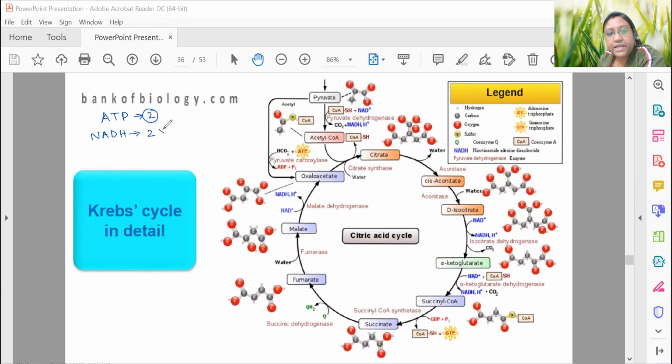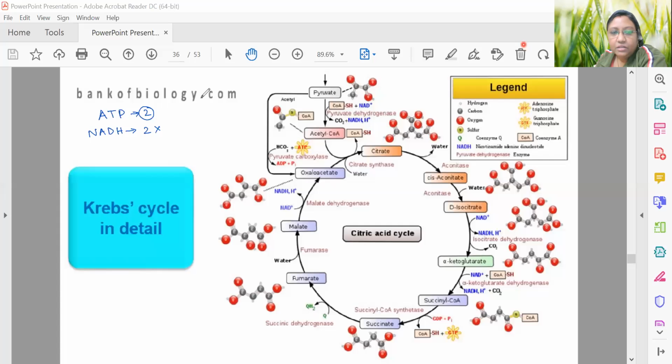So these 2 NADH, which is also written as NADH plus, will be multiplied with 3 ATP, and there will be production of 6 ATP for this. So in glycolysis, there will be production of total 8 ATP.